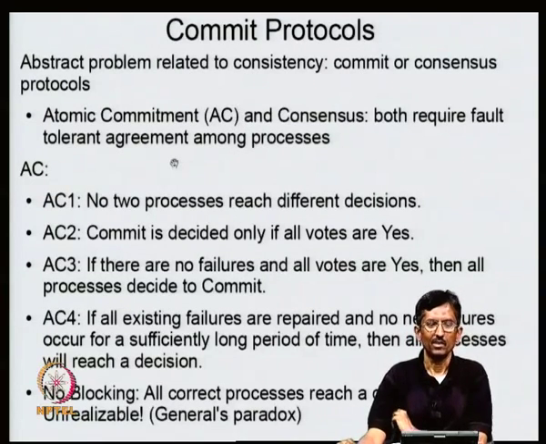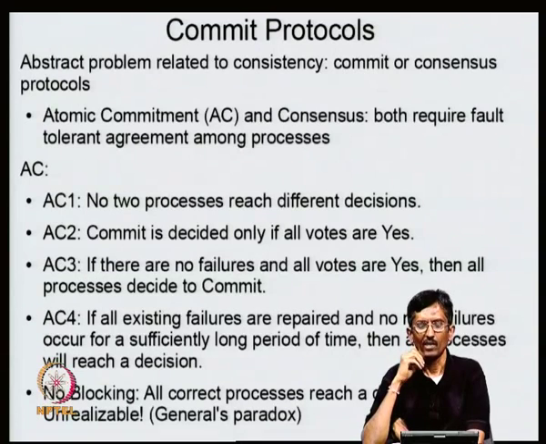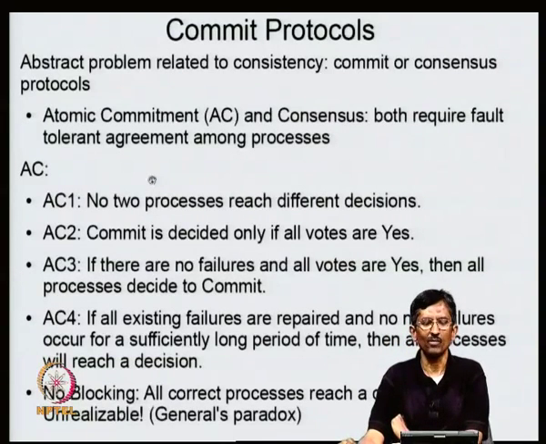So what is it? How is it defined? You have a set of processes, and they either have to vote yes or no. Before they decide yes or no, they could be in some undefined state, but they have to move to yes or no. Basically it is a simpler problem.